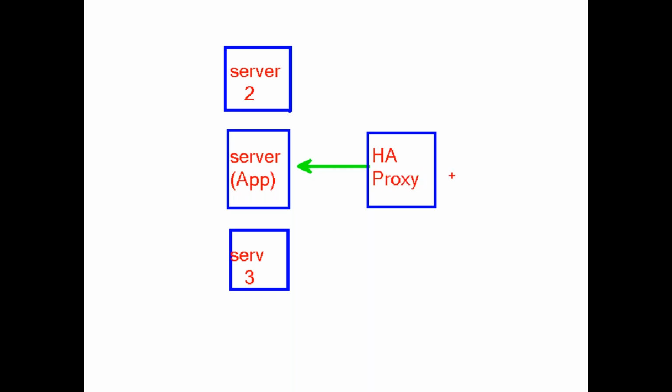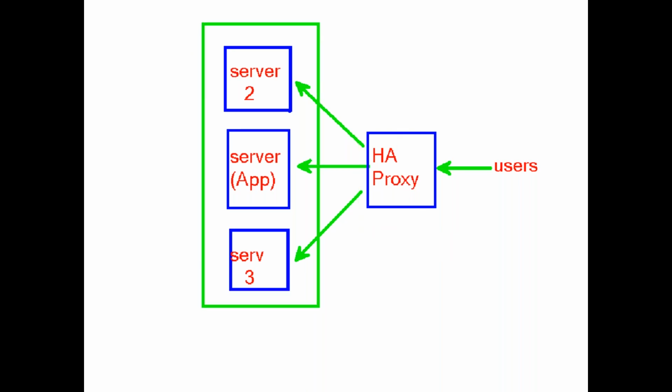The end users will send requests to this HAProxy, and from here we can redirect the requests to the backend servers. You got the point? First the users send the request to the load balancer like HAProxy, and from there the request is redirected to the backend servers.